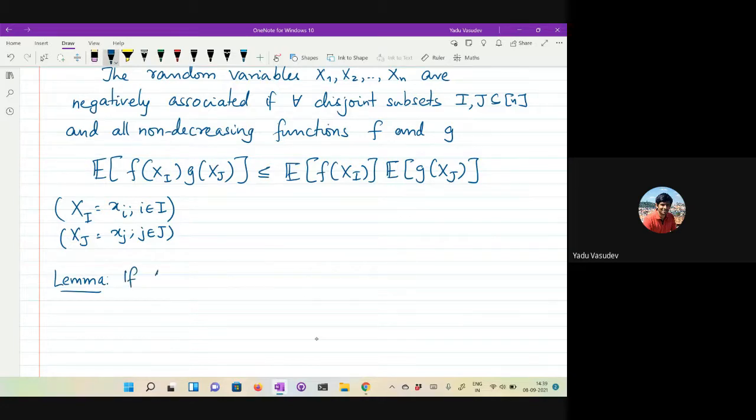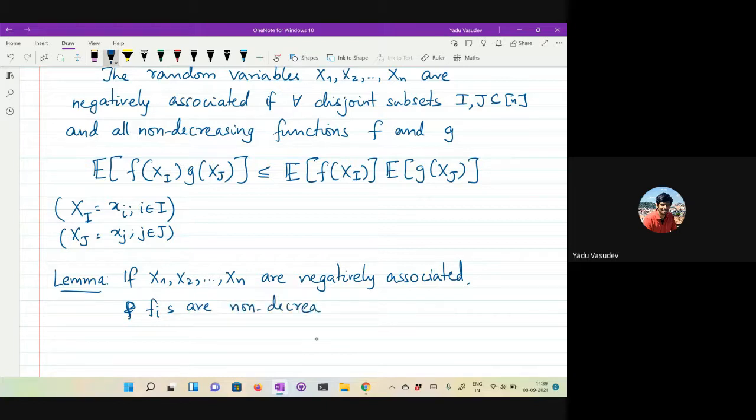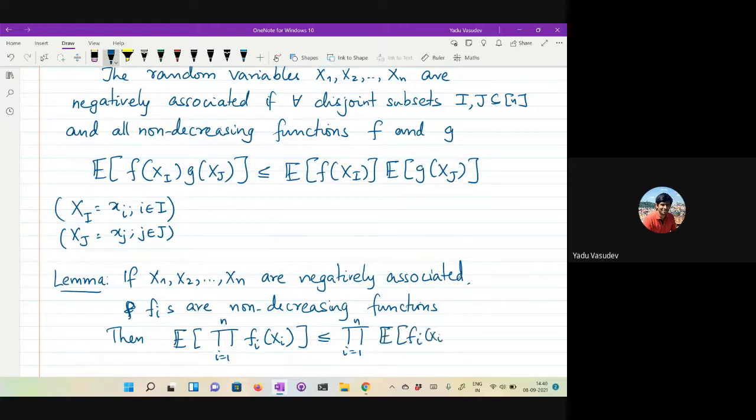If x1, x2, so on till xn are negatively associated, and the fi's are non-decreasing functions, then the expected value of the product of fi of xi, i going from 1 to n, is at most the product over i equal to 1 to n of the expectation of fi of xi.